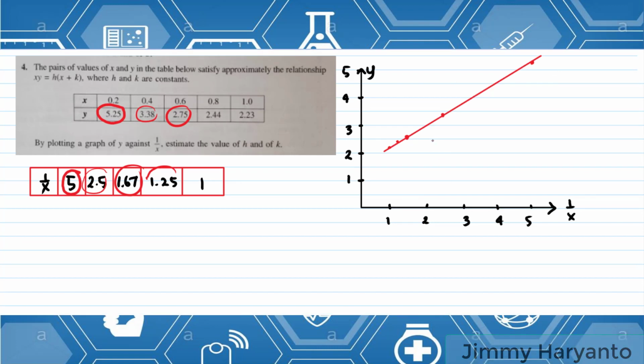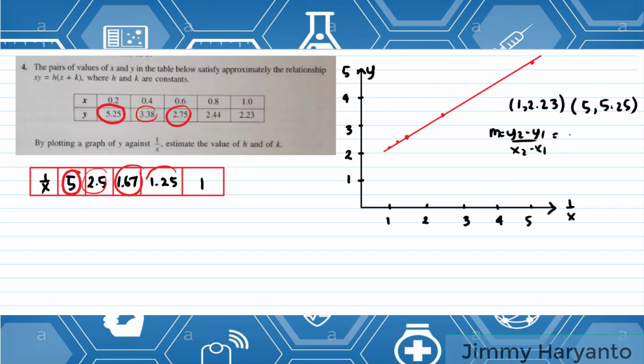And then the next step is, as usual, we have to find the gradient. For the gradient, I will use the last point, which is 1, 2.23, and the first point, 5, 5.25. So the gradient will be y2 minus y1 over x2 minus x1.